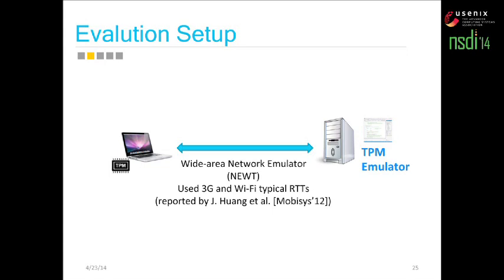We use a wide area network emulator to emulate the communication channel between the cTPM client and the cloud, and we use this emulator to emulate both Wi-Fi and 3G networks. We adopt the value of round-trip time from a report by Huang in MobiSys 2012.